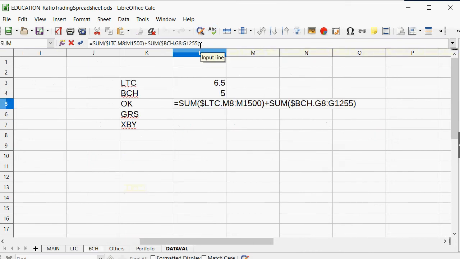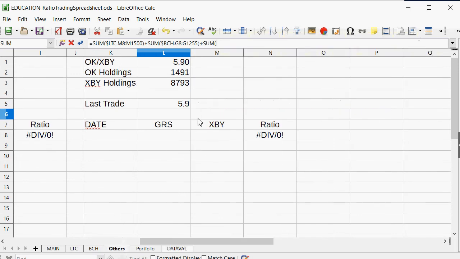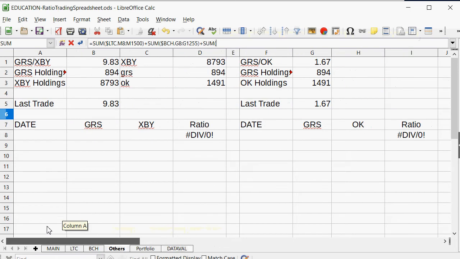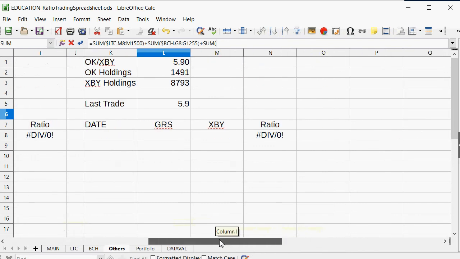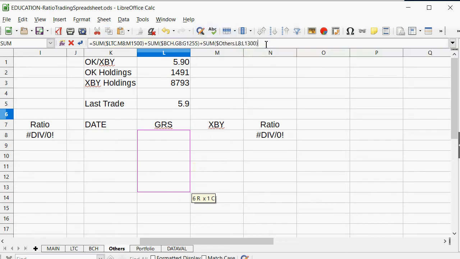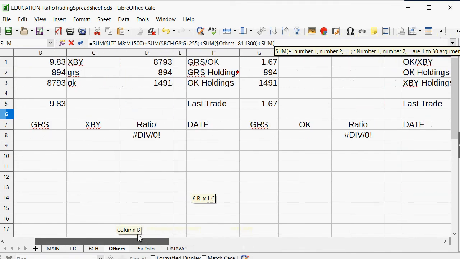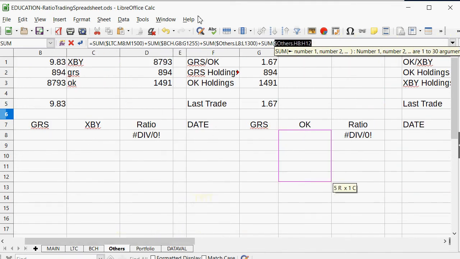Plus the sum of the other 2, which would be in the others. So this one has to be renamed again. We'll just do this one here, and this one here.